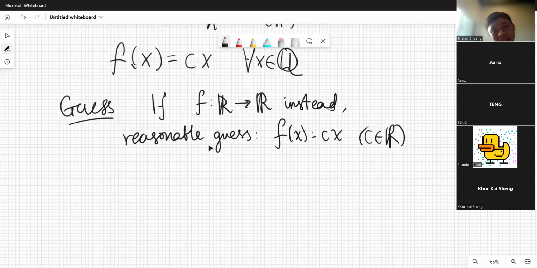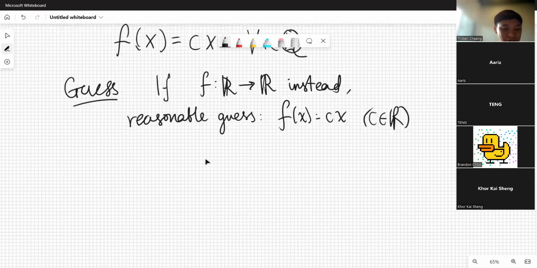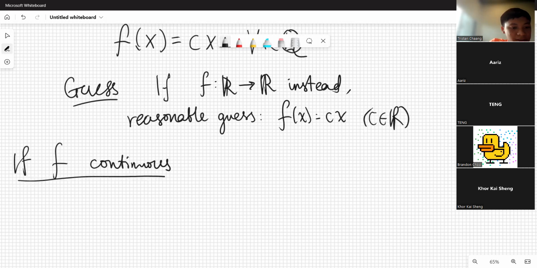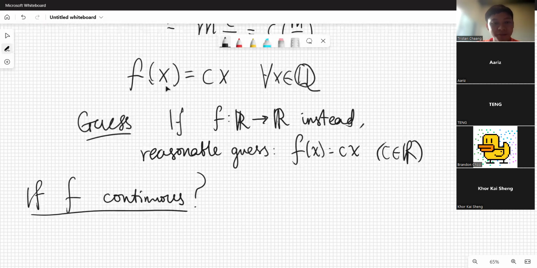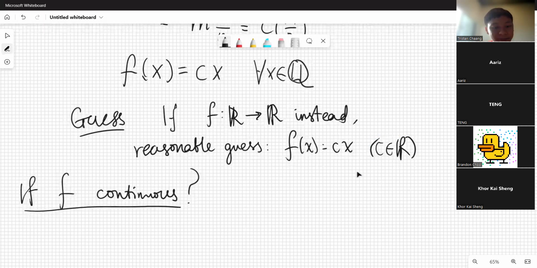So for example, the very easy condition, if you know it, is what if f is continuous? Of course, in most cases, we don't even know if it's continuous, but let's say it's continuous. Then can we conclude from f(x) equals cx for x rational to f(x) equals cx for x a real number? Can we do that?